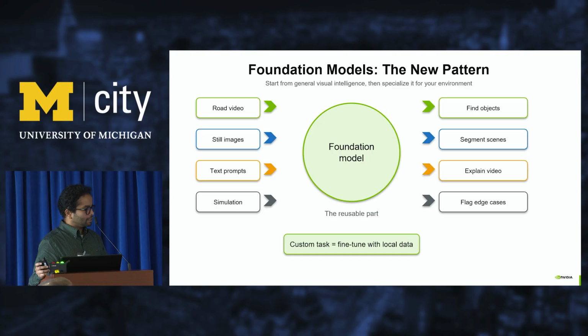Say you have objects or segment scenes. These foundation models already come with a certain capability built in, and the whole idea is to adapt these foundation models to your specific use cases to squeeze out that last bit of performance.